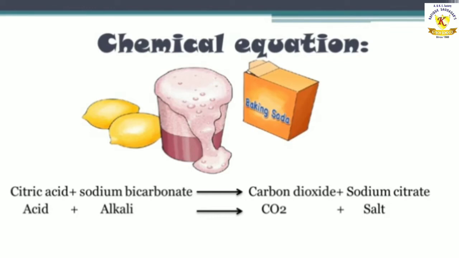When there is a reaction, it liberates carbon dioxide, CO2, plus sodium citrate, that is a salt. So acid plus alkali gives us carbon dioxide, CO2, plus salt. This reaction is called a neutralization reaction. Are you getting me, children?